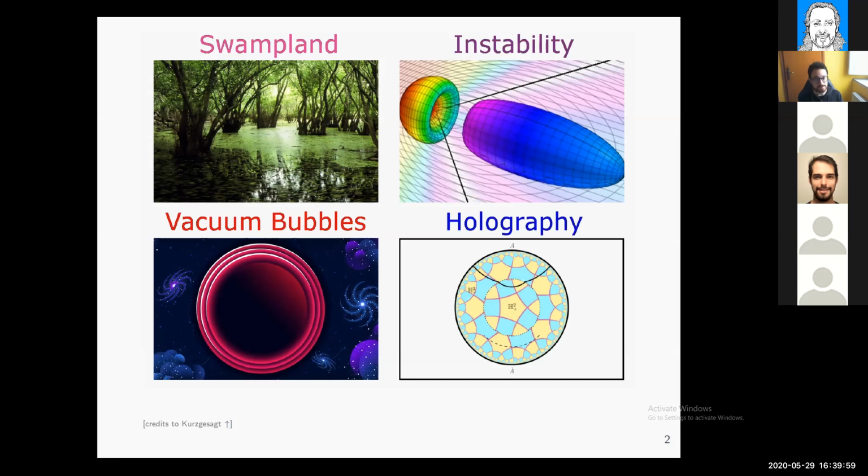In order to do this, we studied instabilities of AdS vacua, and they come in both perturbative and non-perturbative flavors, as I will explain later. And hopefully, the very fact that these are AdS vacua can allow us to go beyond the low energy effective field theory regime using some ideas based on holography and brane dynamics, as I will explain later.